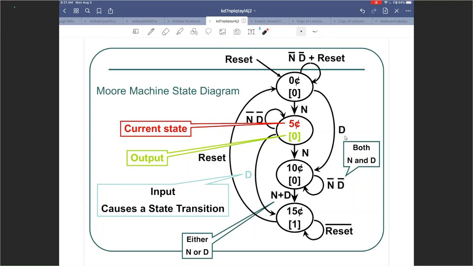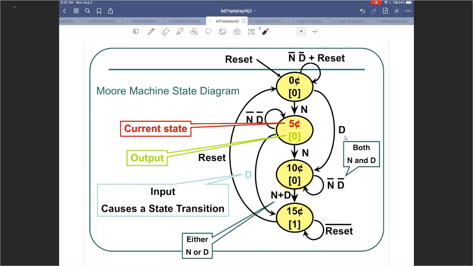My first step is usually just drawing the circles out, which means I'm just going to draw 4 circles to indicate the 4 possible states of my state diagram. Now, question is, why do I need 4 states? Because in order to go from 0 cents in the vending machine to 15 cents in the vending machine where I vend an item, I could go from 0 to 5 or to another state, which is 10.